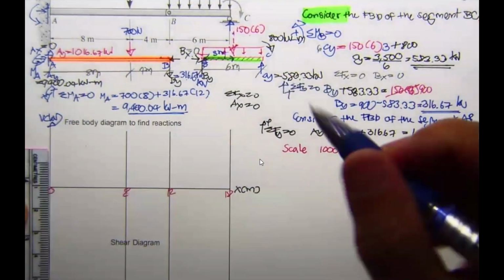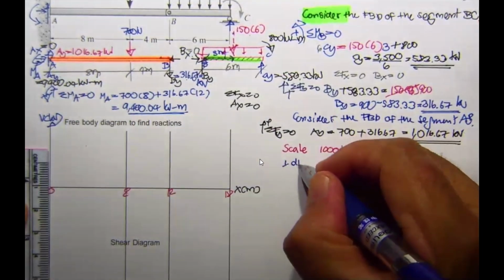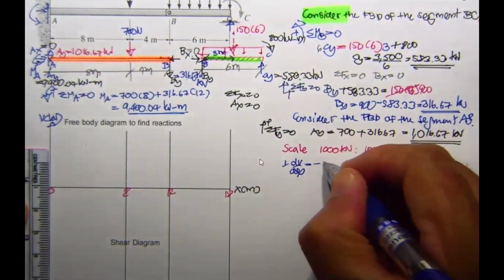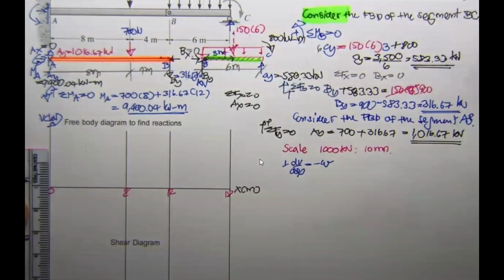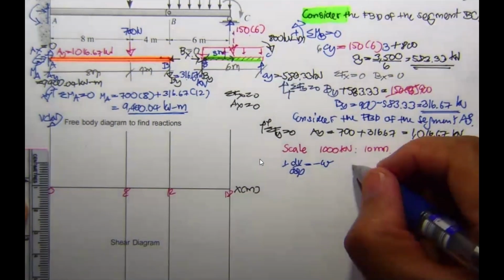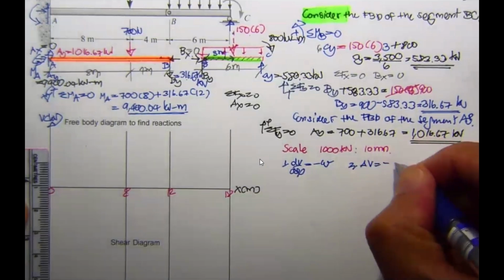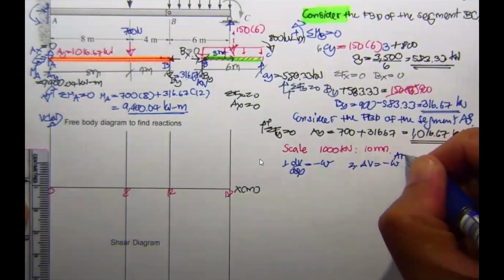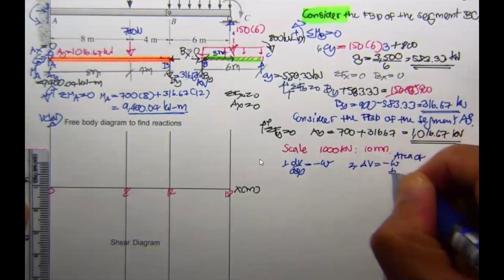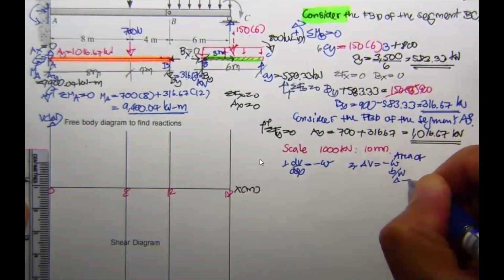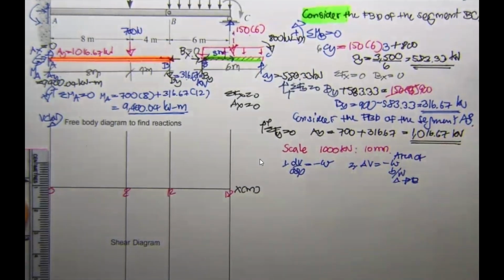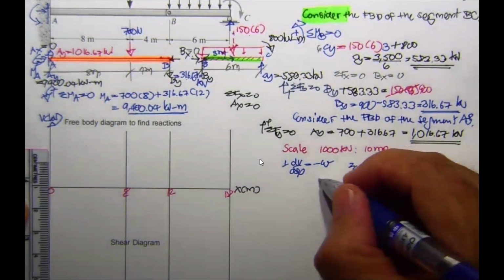Coming over here, first, dV by dx equals minus W. We won't use it. Second, we have delta V equals minus the area of W between A and B. We won't use it, but we're going to use the third.